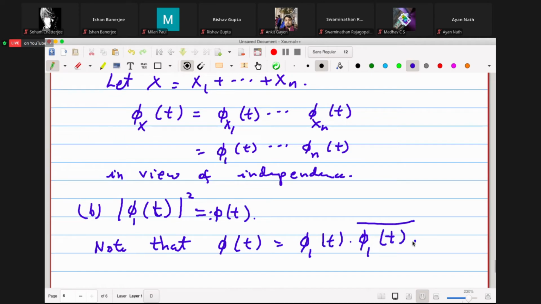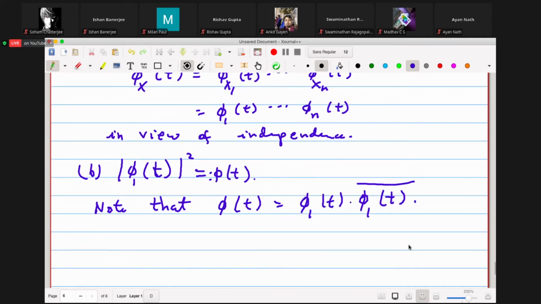Okay, but then let y be equal to minus of x2, or write minus of x1, it doesn't really matter. Okay, so let's say minus of x2, that's clear.